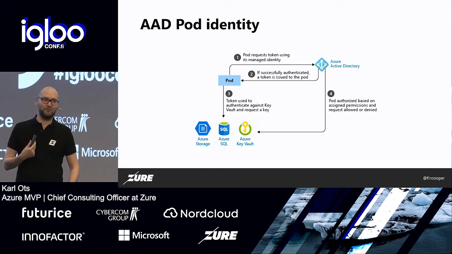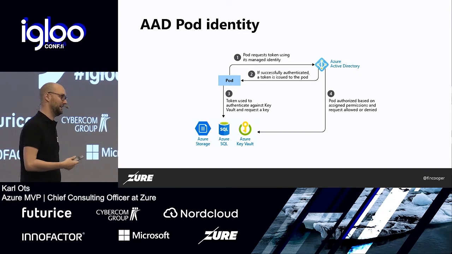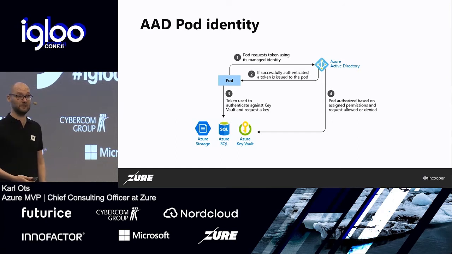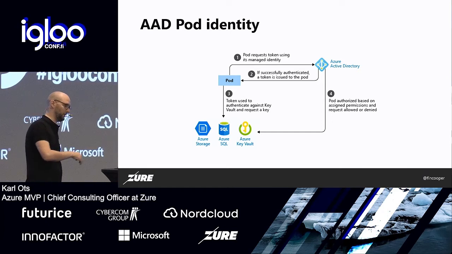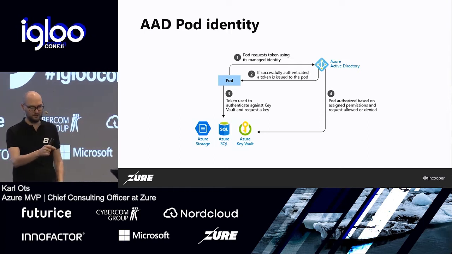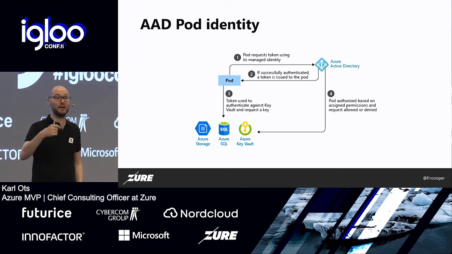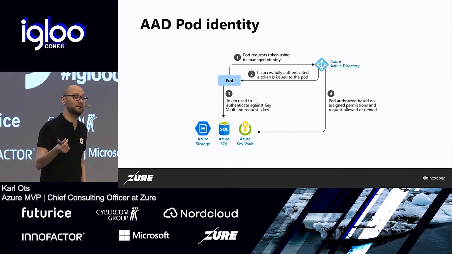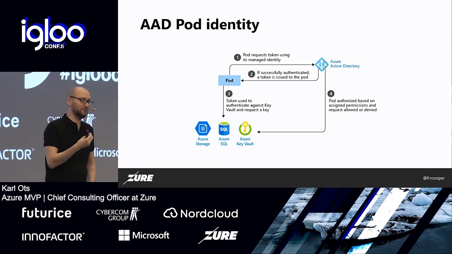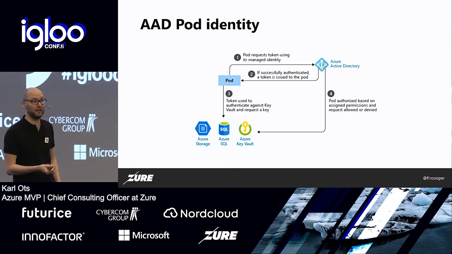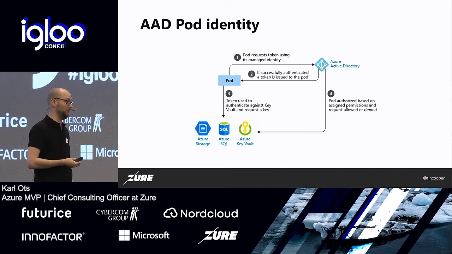So if you've ever heard of Azure Managed Service Identity or Managed Identity for Azure Resources, we don't even need to care about the network part. We can just define that this pod will have a managed identity. It will have an identity on Azure AD, which means that we can give them access. They don't need to authenticate themselves. They don't need to store a connection string to that SQL database, for example.